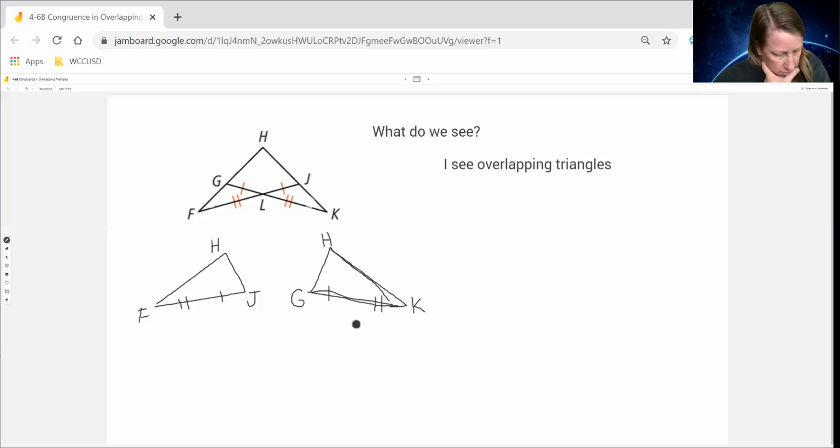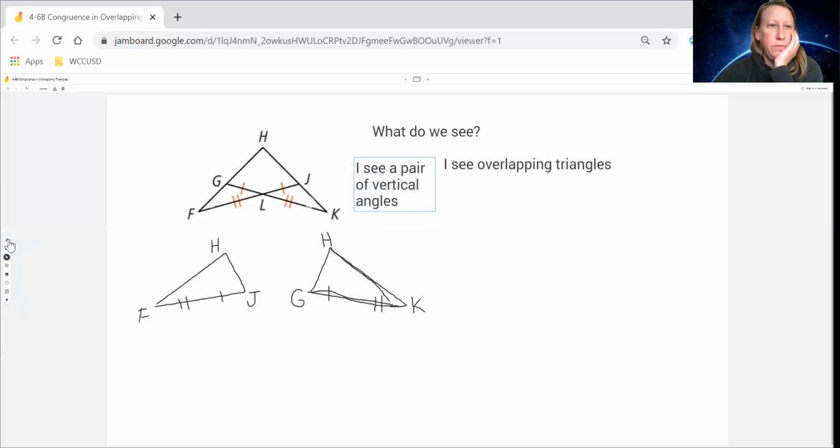Do you see the pair of vertical angles in the middle? Right there in the middle.